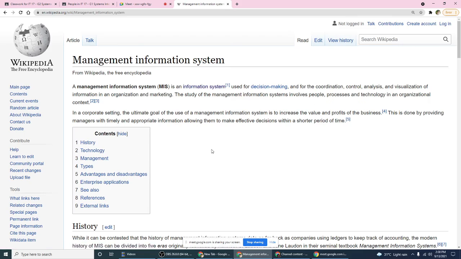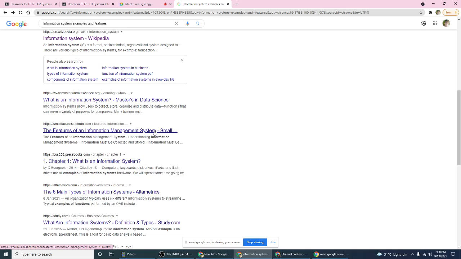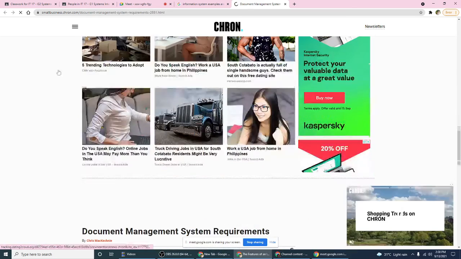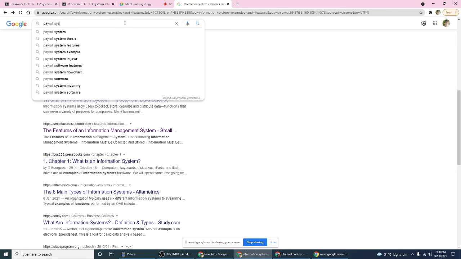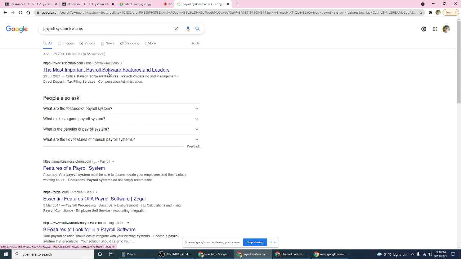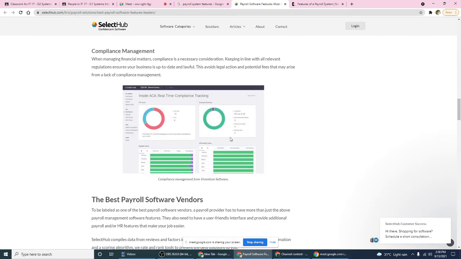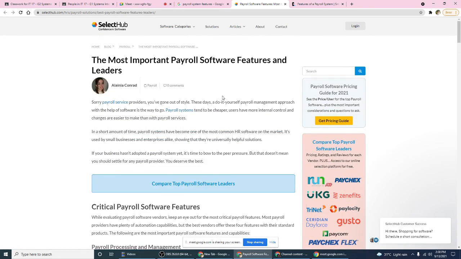Management Information System, MIS. Example lang ng payroll system. Okay, example of this one, payroll system.